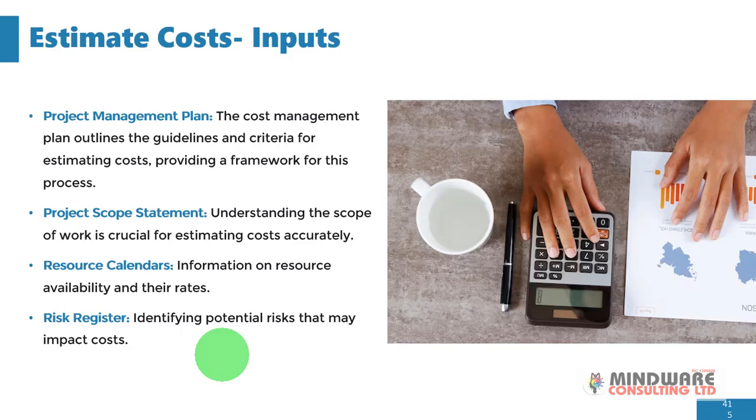All right, and probably that will affect the cost one way or the other. All right, so if an equipment fails, right, and you need to get another one, that is going to impact on the costs. All right, so these are risks that should be put in perspective and should be included in the risk register.